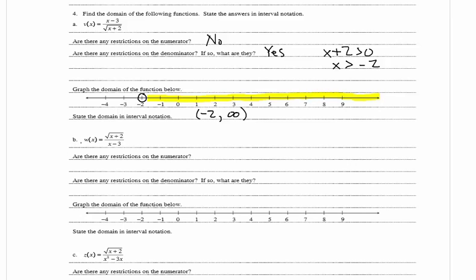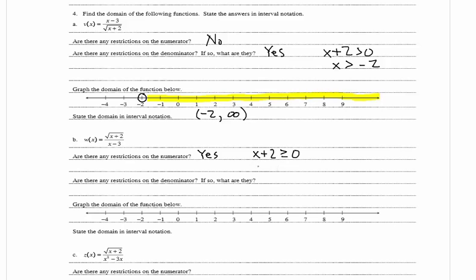In B, we have w of x is equal to the square root of x plus 2 divided by x minus 3. And the first question asked is, are there any restrictions on the numerator? And the answer is yes, because we have a radical. And x plus 2 has to be greater than or equal to 0.